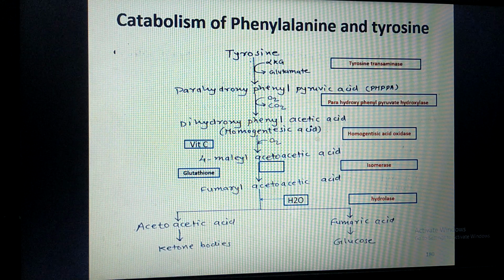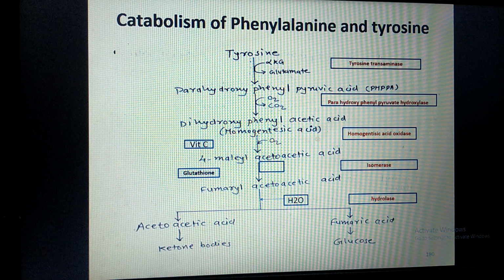This enzyme again breaks the oxygen molecule into two oxygen atoms. One of the oxygen atoms is added to the substrate in the form of an OH group. So para-hydroxyphenyl pyruvic acid now has two OH groups, therefore it is called dihydroxy, and at the same time carbon dioxide is removed from pyruvic acid and acetic acid is formed.